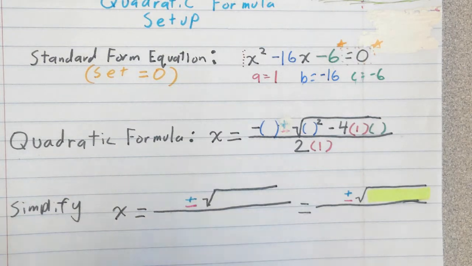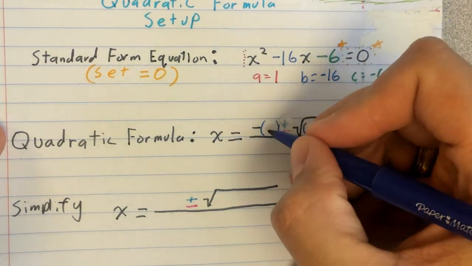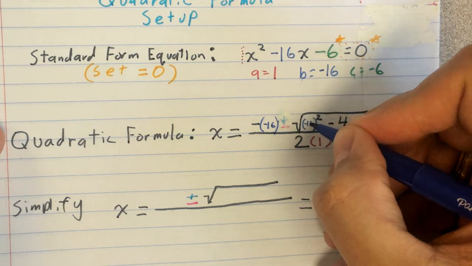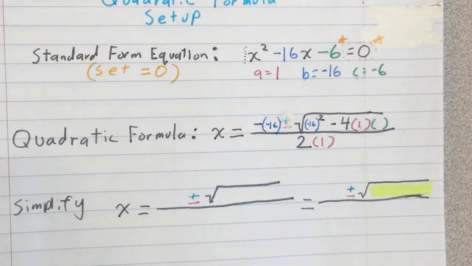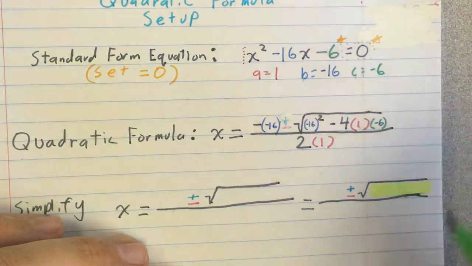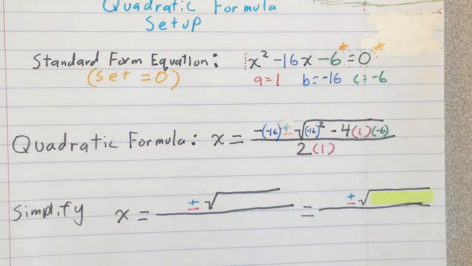Let's go ahead and look at the b's. B is negative 16. So in the parentheses, negative 16 there, negative 16 there. Let's go ahead, do the c. C is negative 6.